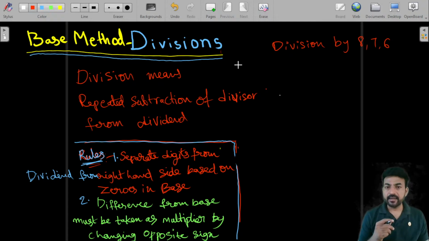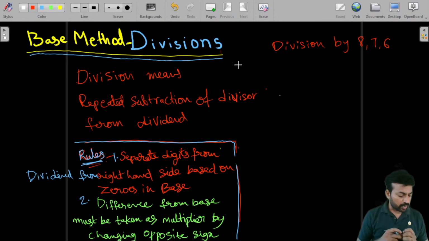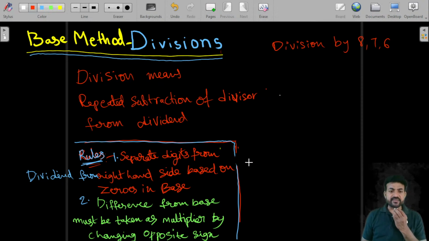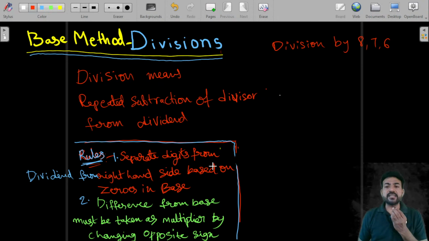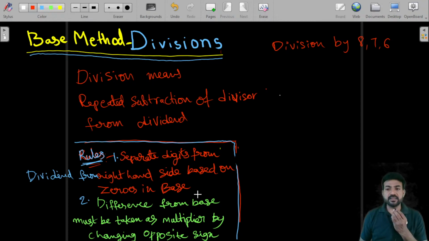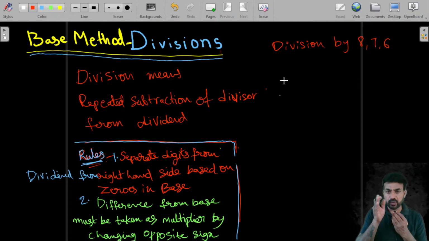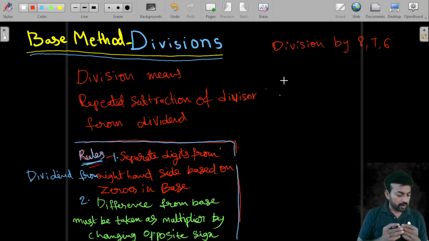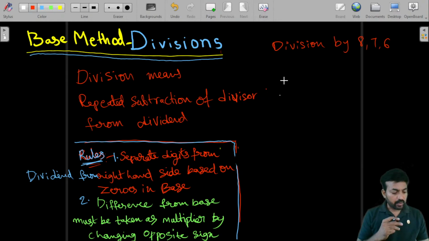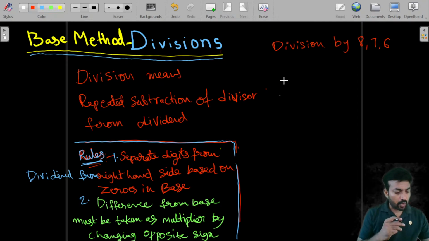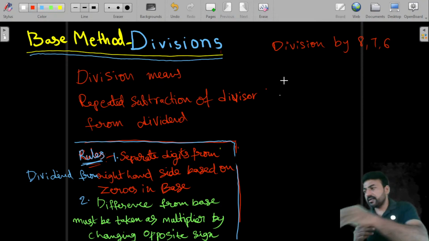You must have a clear idea regarding division by 9 because you have to know these steps: separating digits from the dividend based on the zeros in the base. If you find 2 zeros, you have to separate two digits from the dividend. So let me know if you have any doubts in division by 9.